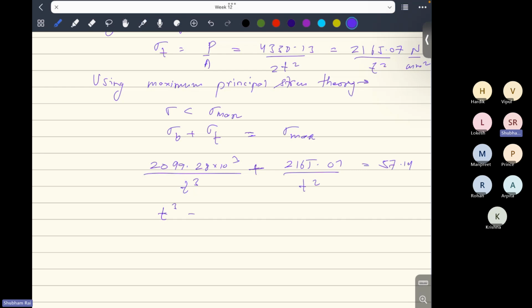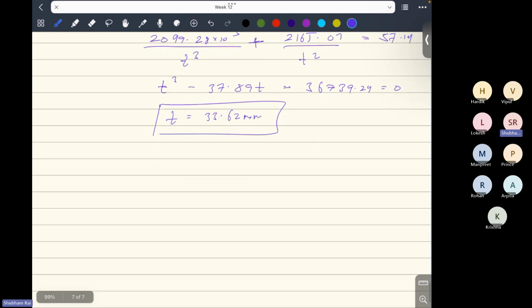So finally, we'll get t cube minus 37.89 t minus 36,739.24 equal to 0. Okay, and if you solve this cubic equation using calculator, finally we'll get 33.62 mm. That is your thickness.